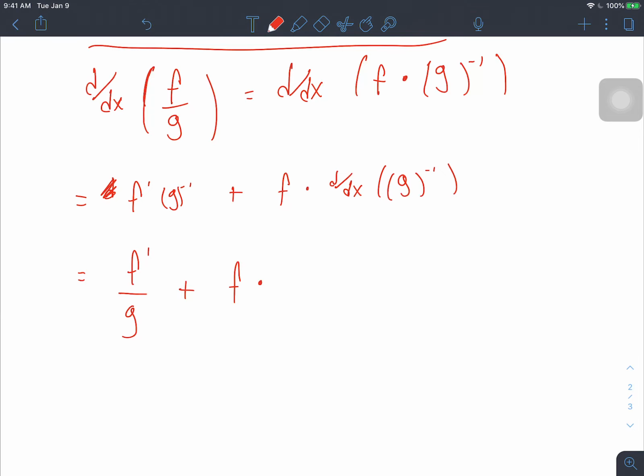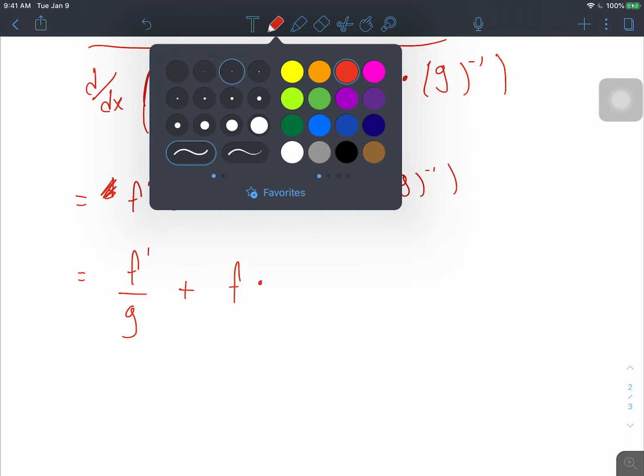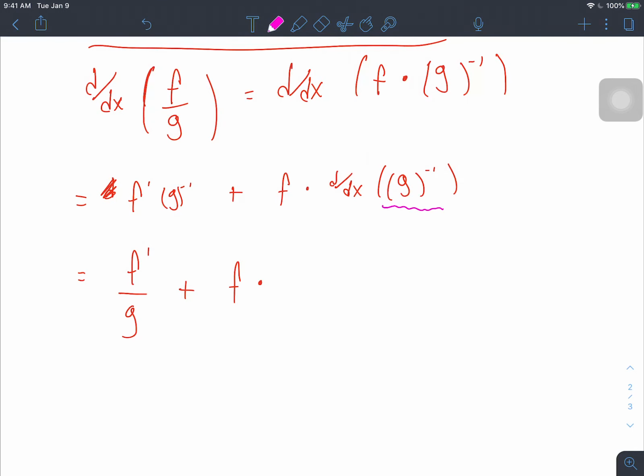Remember, g is a function in and of itself. It's a chain rule problem. What's the inner function? Talking about this function right here. The inside function is just g.